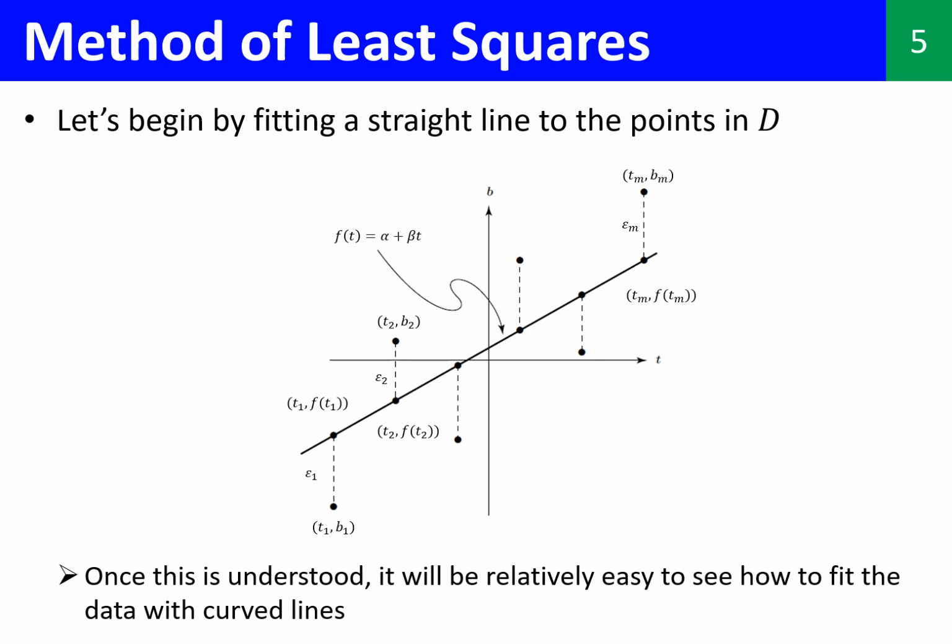In this figure, you can see we have the ordered pairs T1, B1, T2, B2, and T3, B3, and so on. So we are trying to fit a straight line to these points in D, and here it is given by alpha plus beta t.